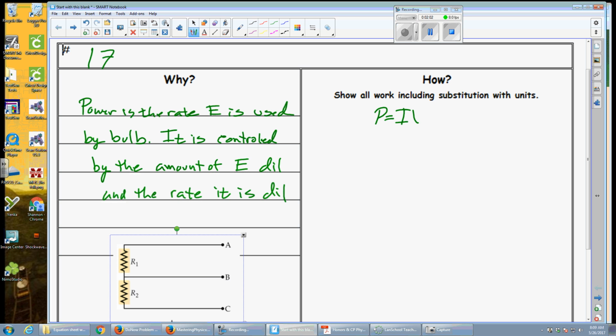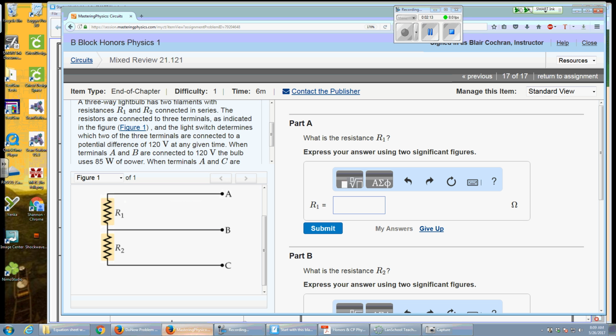I'm either going to use I times V or V squared over R. The only reason I suspect that is because they tell me that the constant here is that there's 120 volts across the bulb, so I'm thinking I'm going to need my power equations that involve voltage to make my life easier.